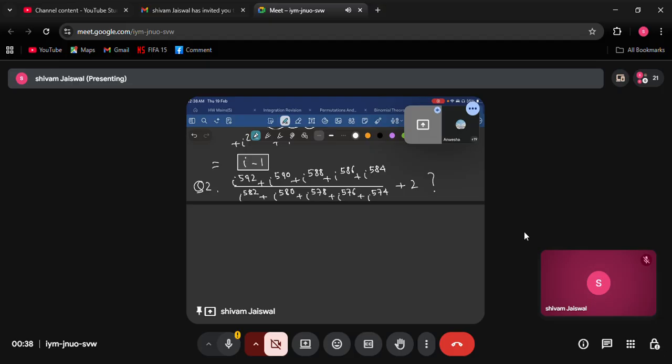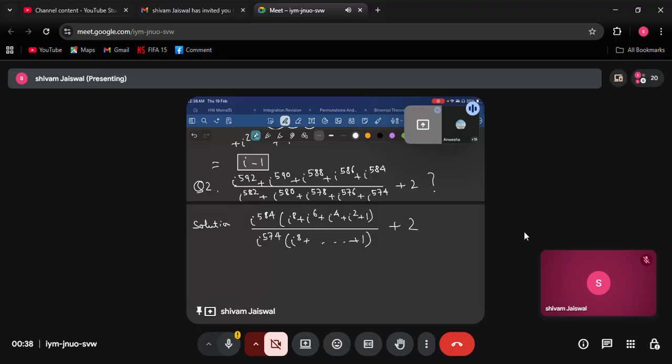Pallavi, right? Okay. So everyone, in the numerator, you take iota to the power 584 common. Within brackets, you are going to get iota to the power 8 plus iota to the power 6 plus iota to the power 4 plus iota square plus 1, upon, take iota to the power 574 common, iota to the power 8 plus up to 1.